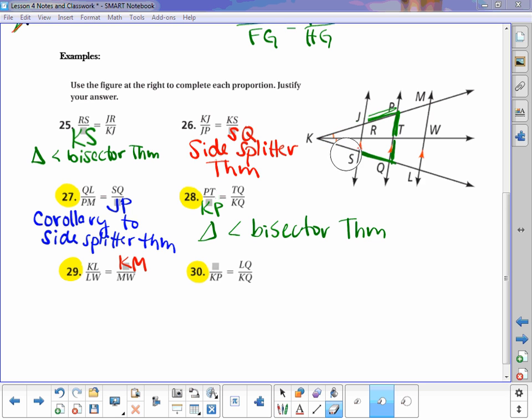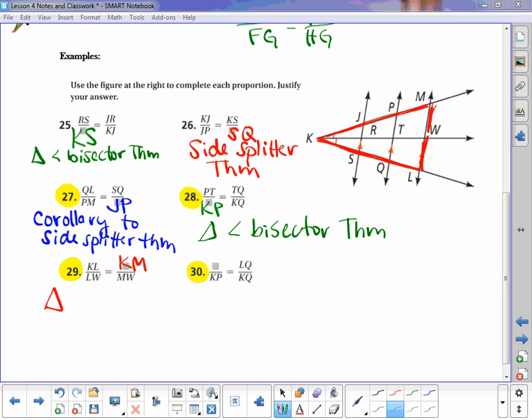Alright, let's compare. So KL with LW. Right there, that should already be a hint as to what you're about to use. And then KM to MW. What did we use? Triangle angle bisector theorem.